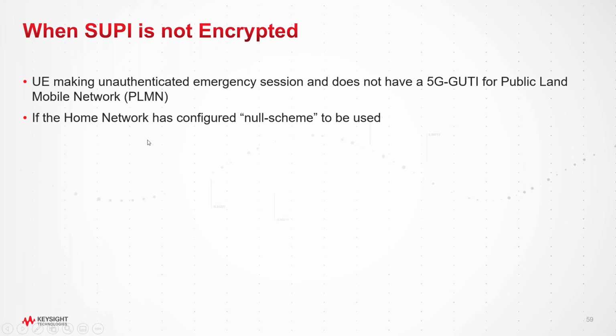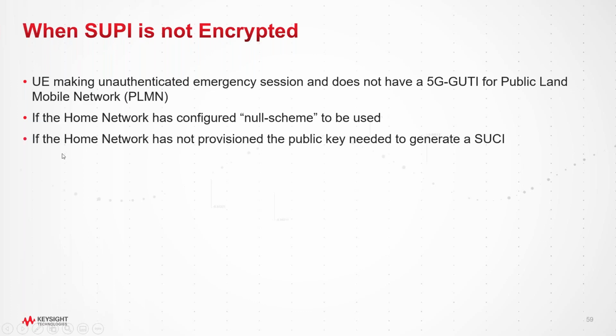So that's one case. Another case is, again, that null scheme that I called out earlier. If the home network, HN, doesn't configure a scheme and instead uses the null scheme, then the SUPI is sent in the clear, right? So there's another point of attack.